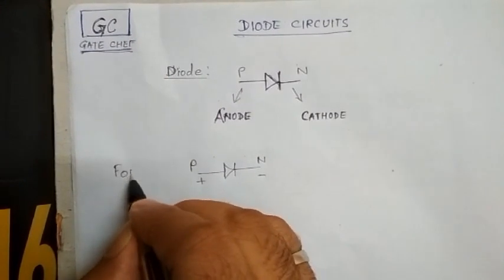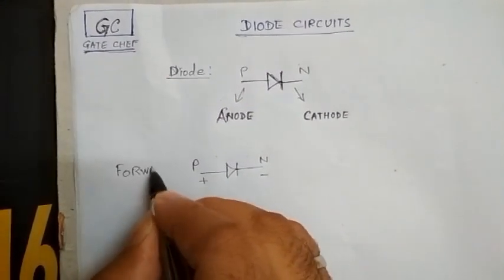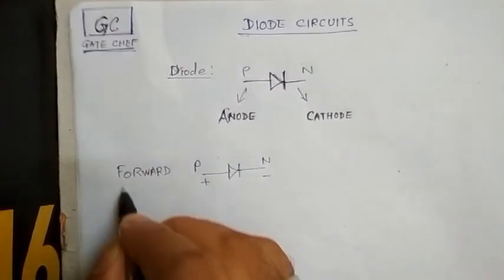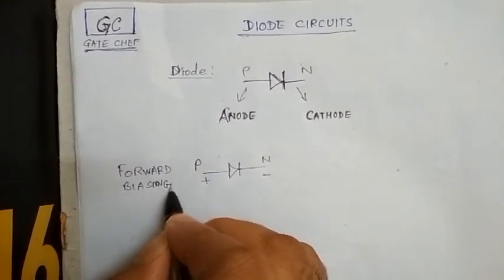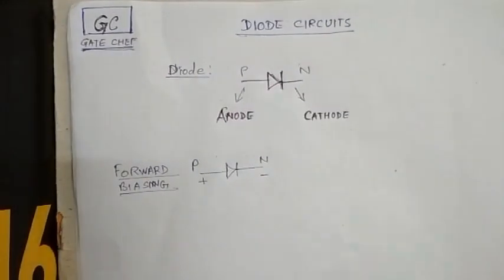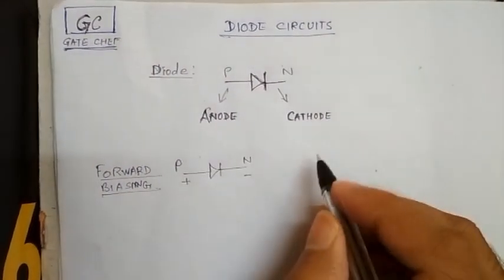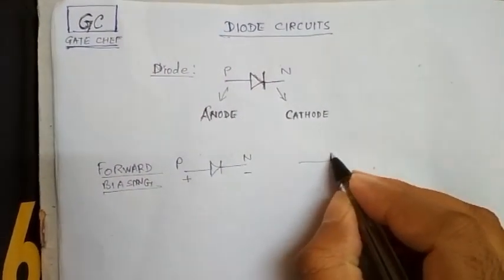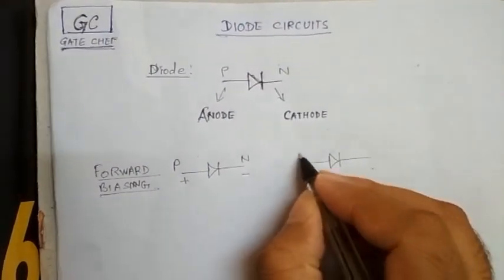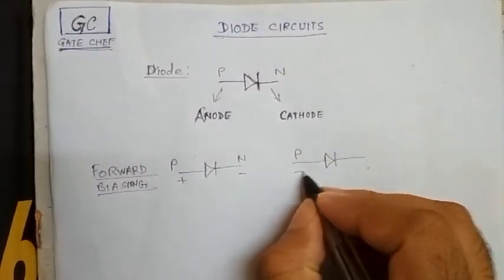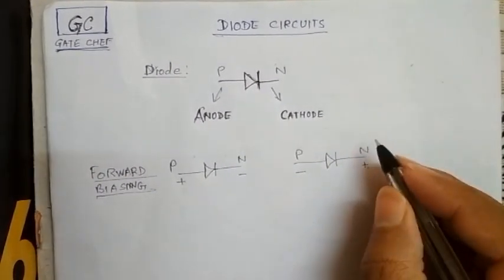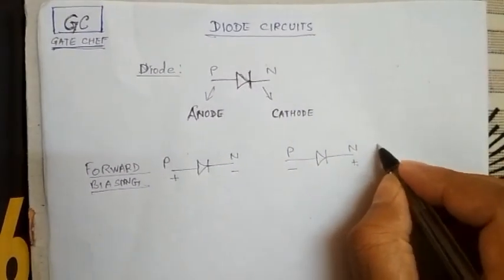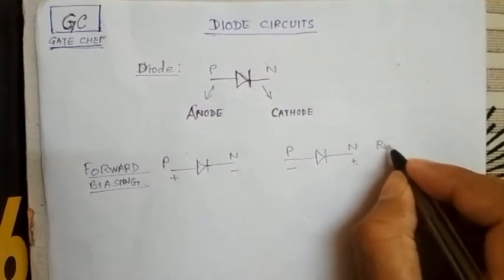This is forward biasing. Now if we reverse it, say that we give the negative voltage at the P terminal and the positive voltage at the N terminal, this becomes the reverse biasing.